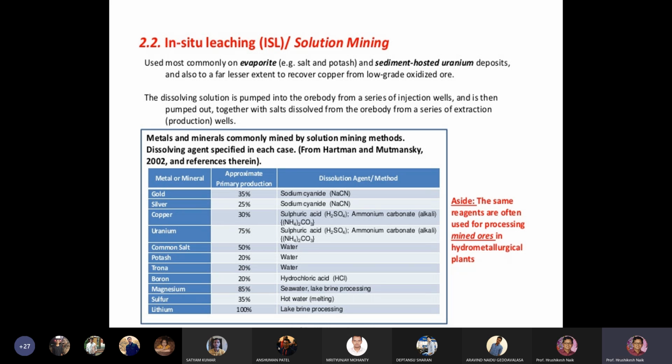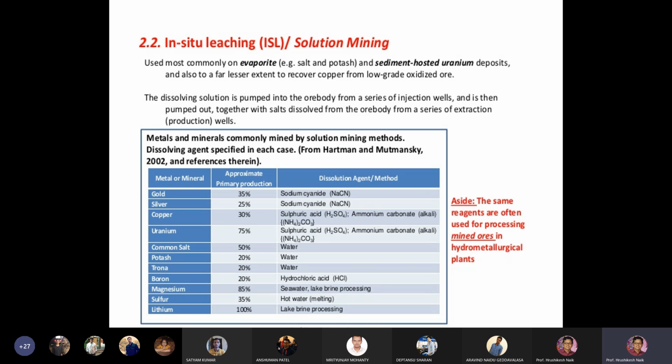So the metals and minerals commonly mined by the solution mining method are listed below. The metals which can be mined by solution mining are tabulated in this table, and the dissolving agent specified in each case is also given. The first metal which can be mined by in situ leaching is gold.